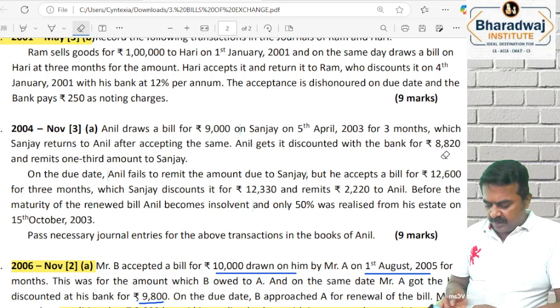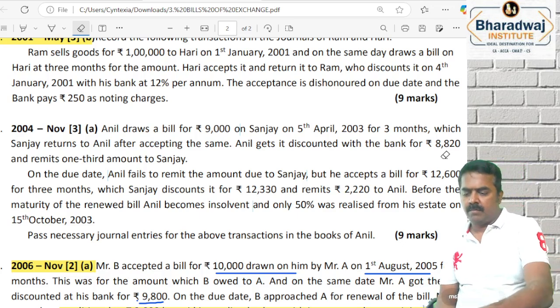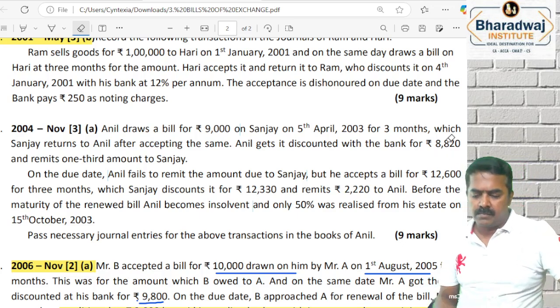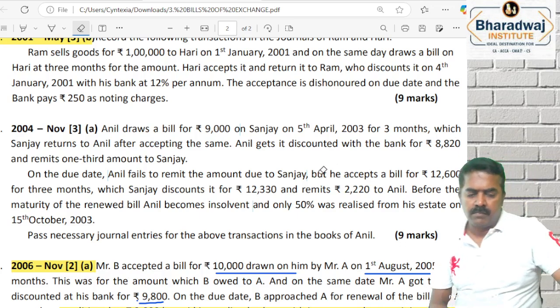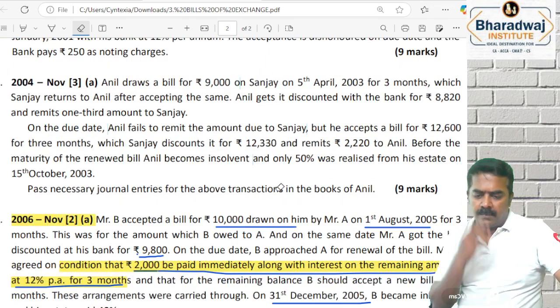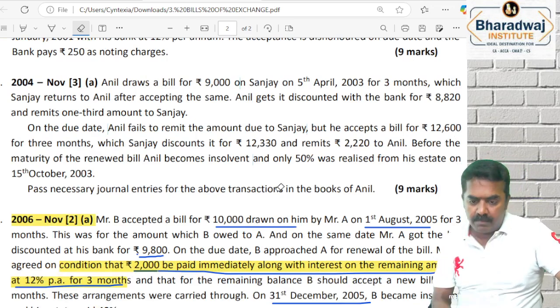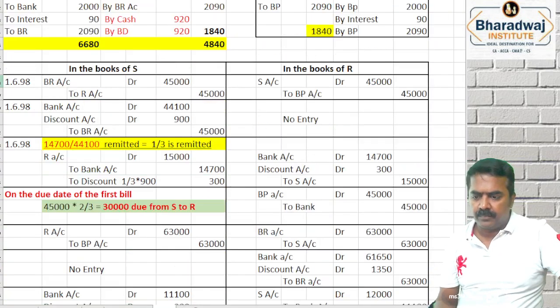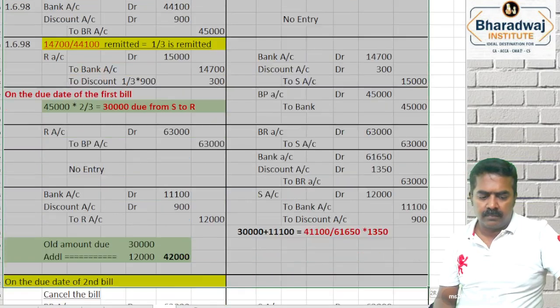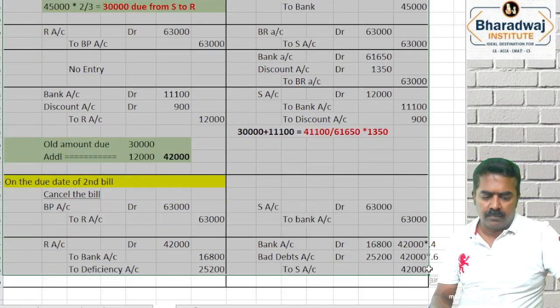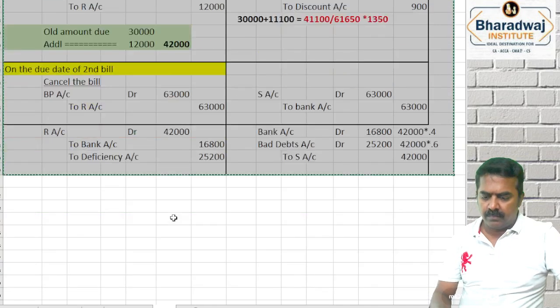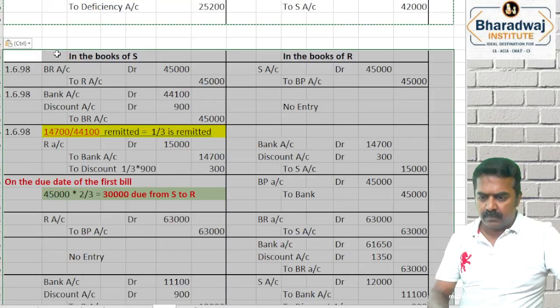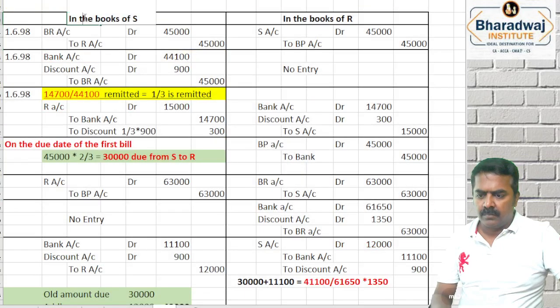Who is drawing the first bill? Anil is drawing the first bill. In the books of A, and who's the second party?